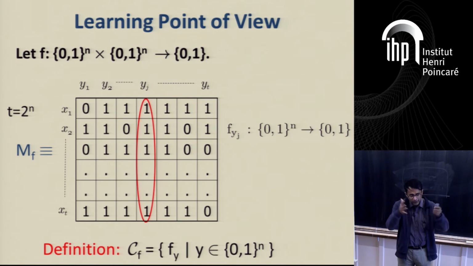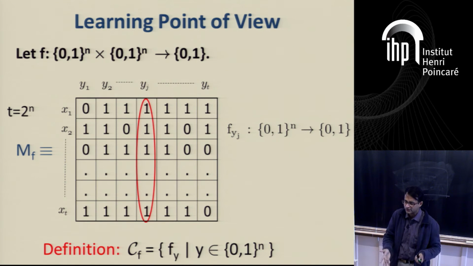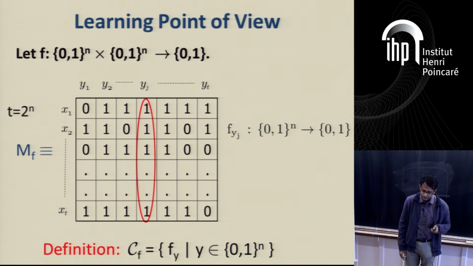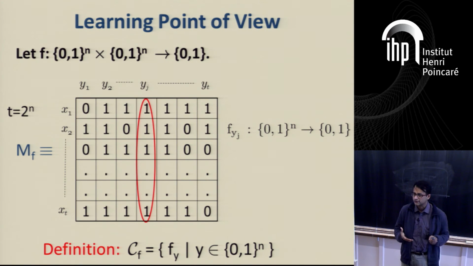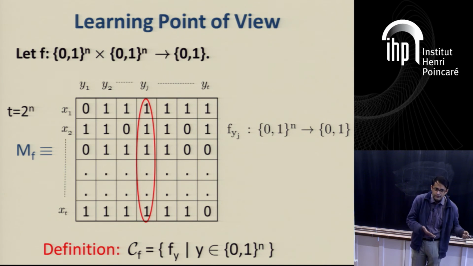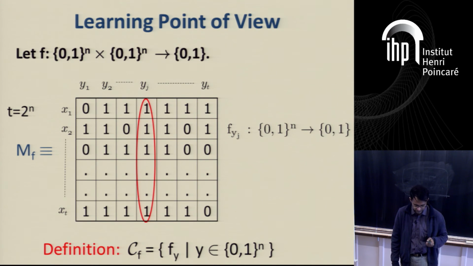So a matrix here is exactly a concept class because each column is a concept. And so I can ask questions like, given a communication matrix, what's the learning complexity of this matrix? Just as we have thought about communication complexity, there's another combinatorial question, which is what's the learning complexity of this matrix?